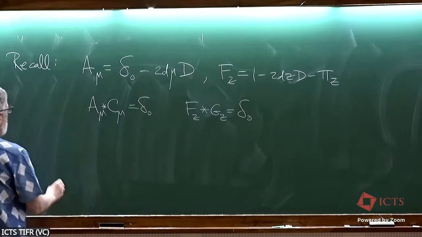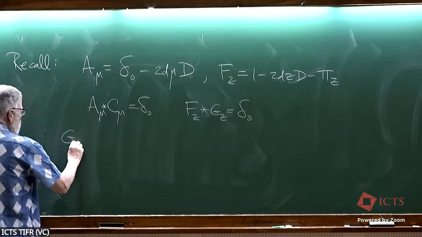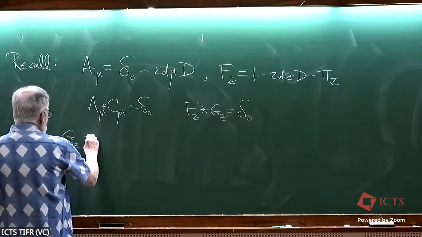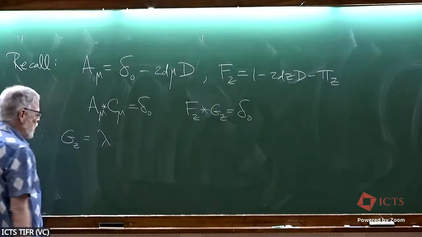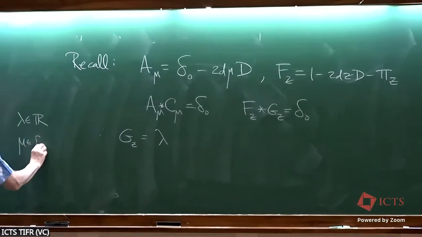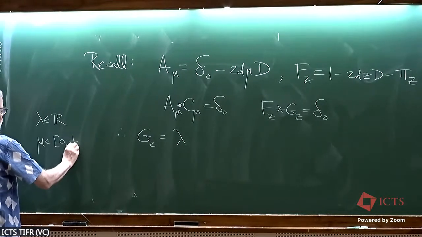So now what I'm going to do is try to extract the exact leading behavior of the 2-point function, g_z. So I'm going to give myself a parameter lambda here and another parameter mu. So lambda is anything at the moment, and mu is going to be in (0, 1/2d).